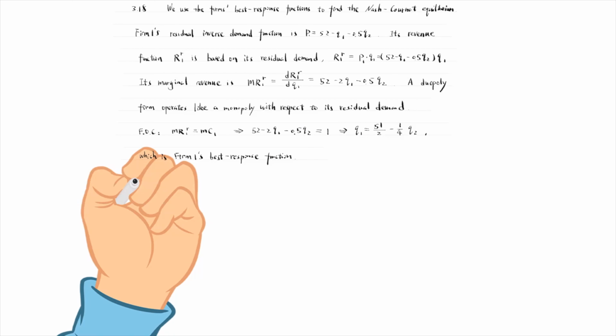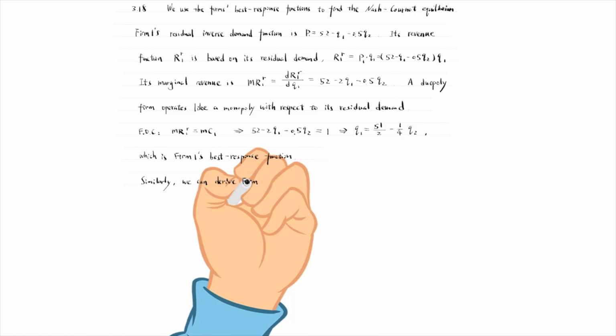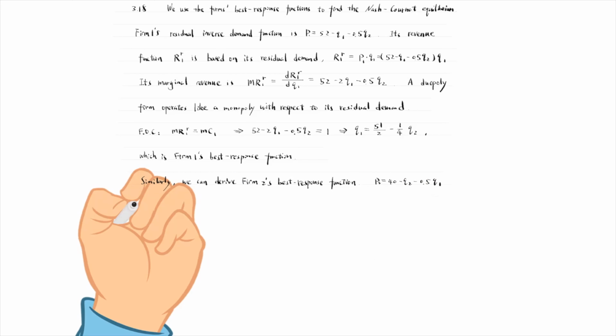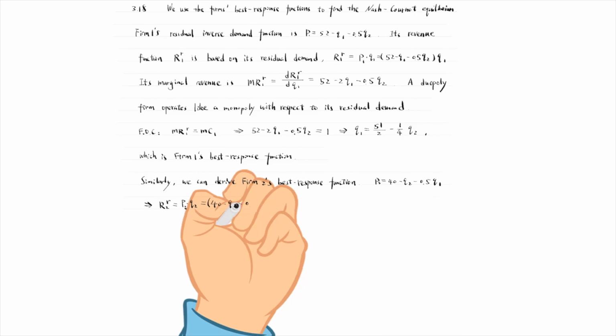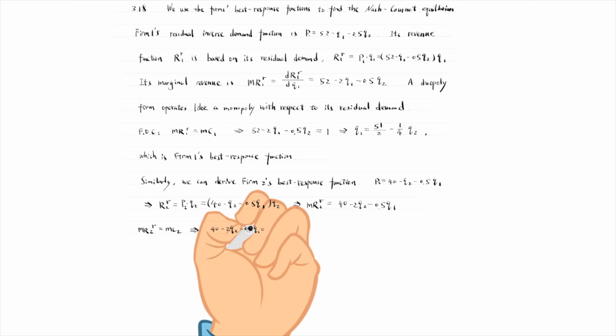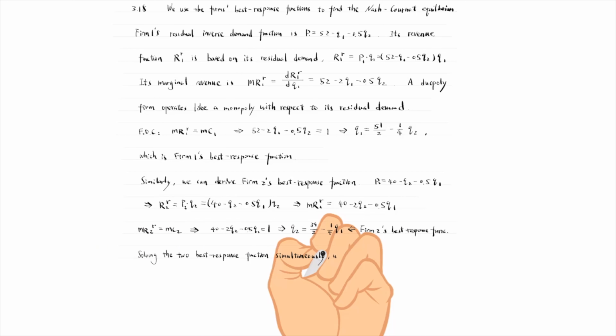Similarly, the same reasoning applies to firm 2. We can derive firm 2's best response function. Solving the 2 best response functions simultaneously, we obtain the Nash-Cournot equilibrium quantities.